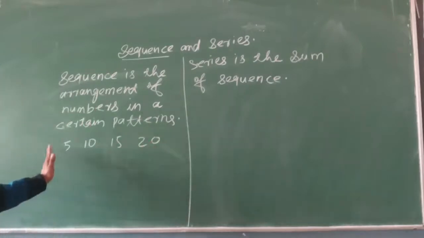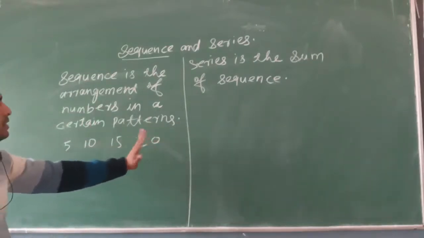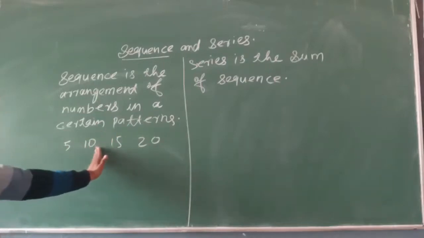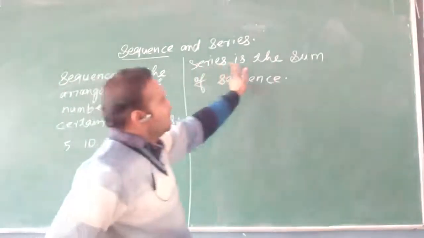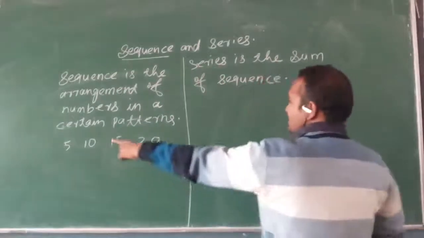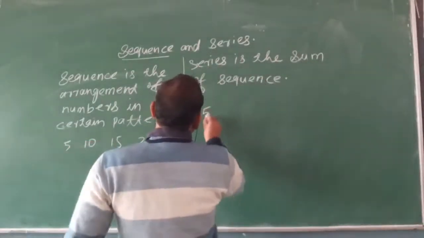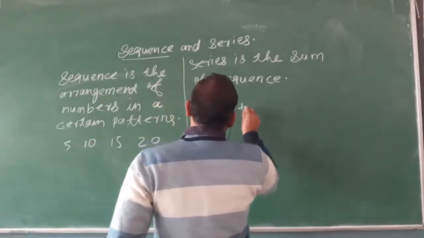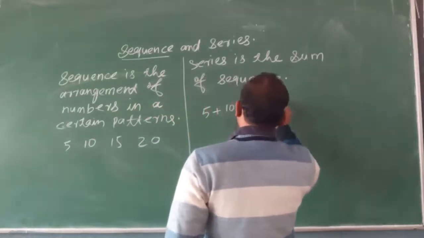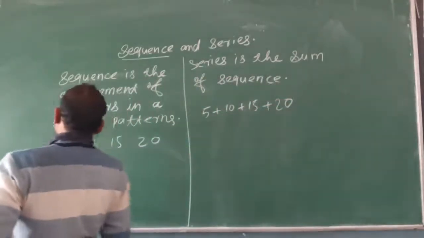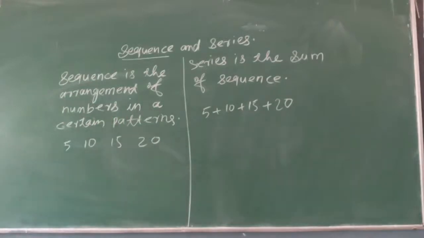This is an AP. The difference is 5. So this is a certain pattern. While series is the sum of a sequence, like 5 plus 10 plus 15 plus 20. Series is the sum of a sequence.